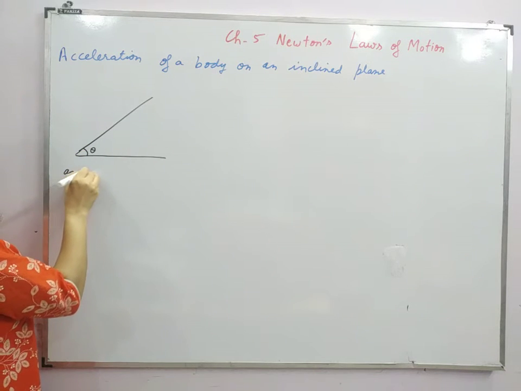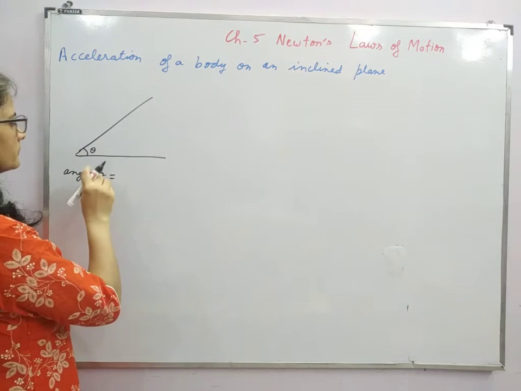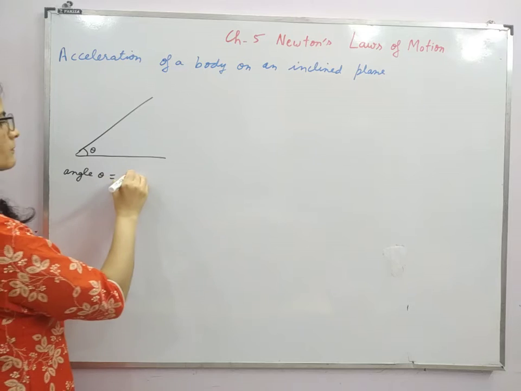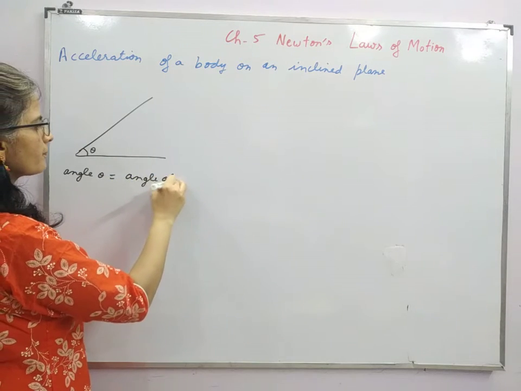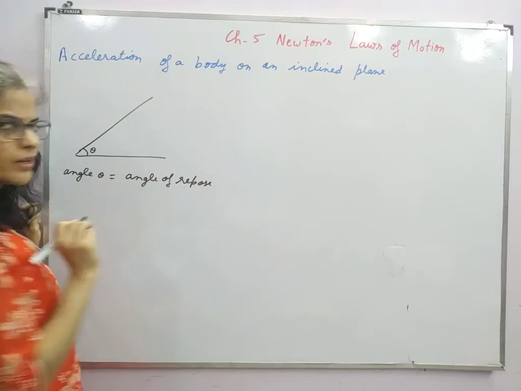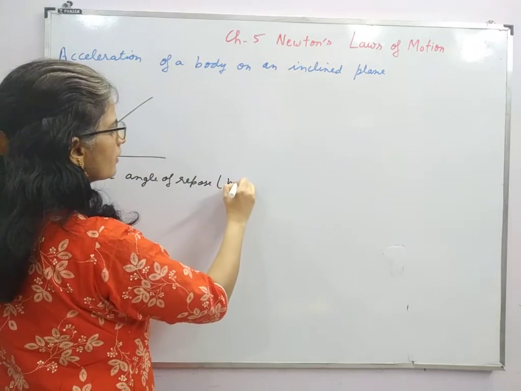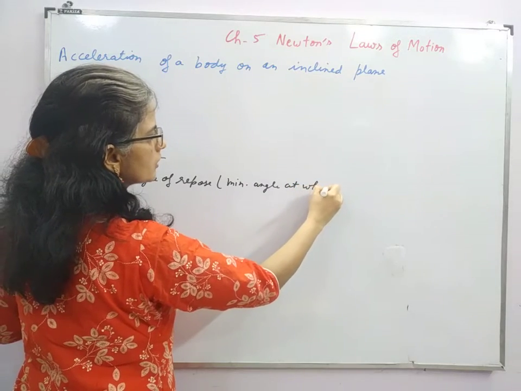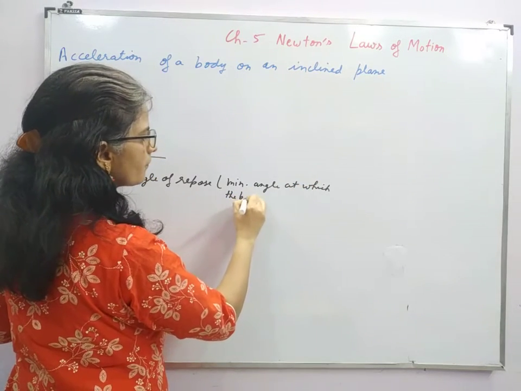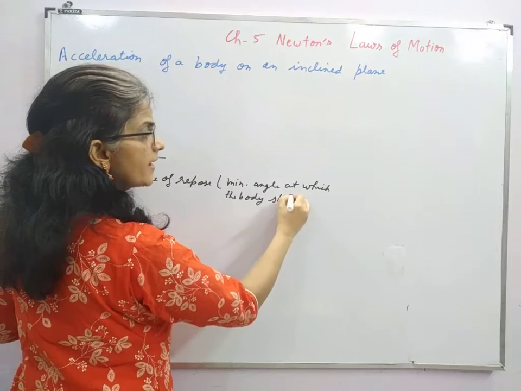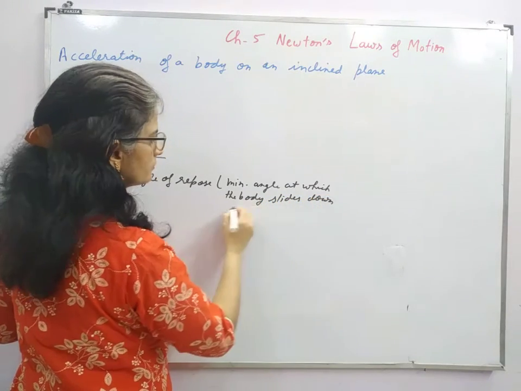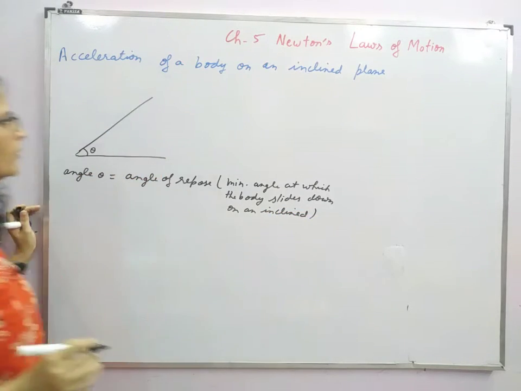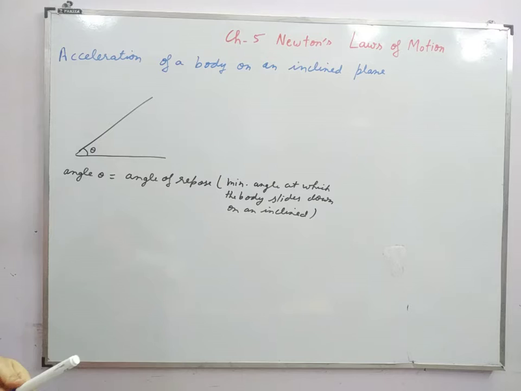So angle theta is equal to the angle of repose. So what is the repose angle? The minimum angle at which the body slides down on an inclined plane, right?